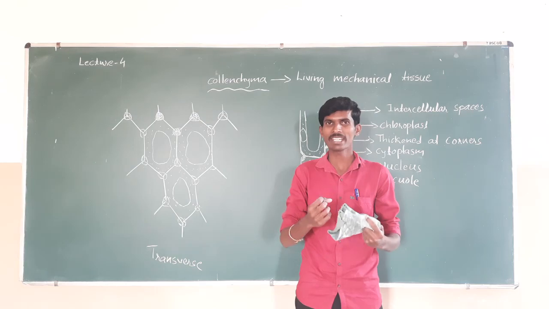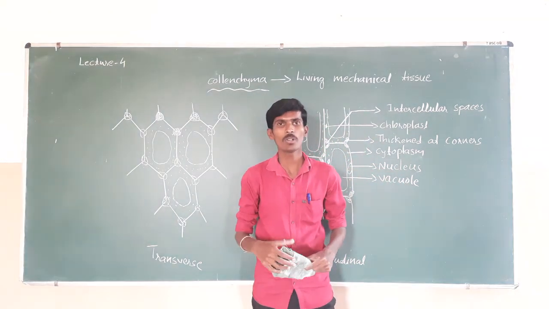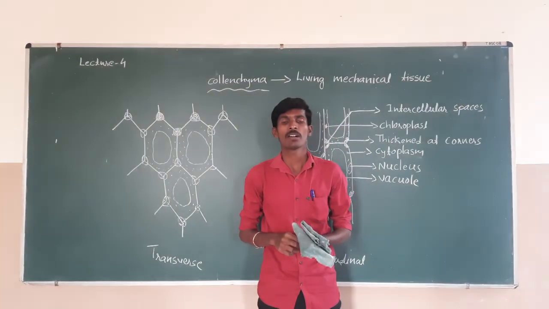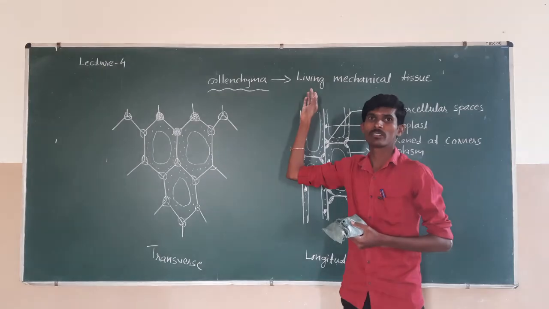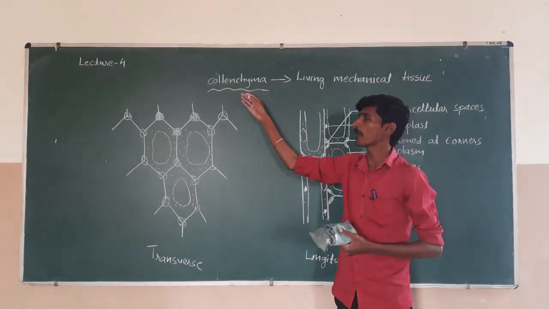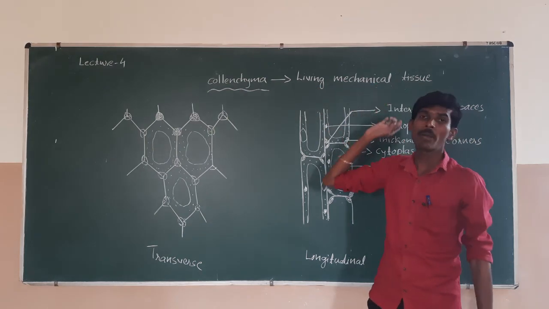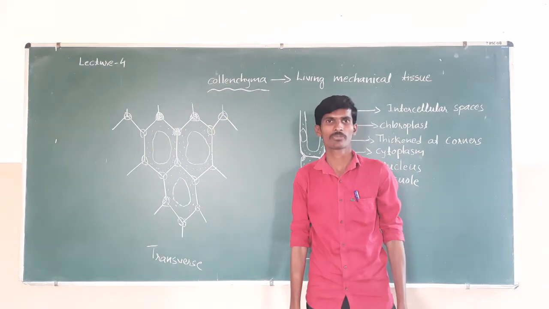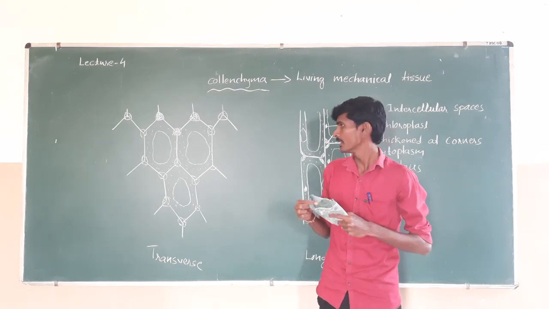This bending is because of the presence of the collenchyma, and it also provides support to the plants. So it is called a mechanical support. Here the cells are living, so it is called a living mechanical tissue, and it also provides support to the plant.